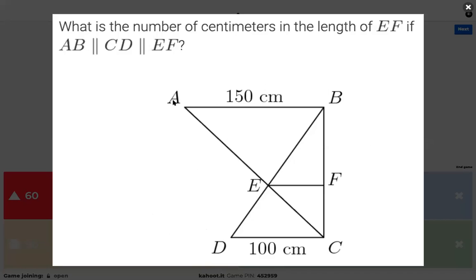Okay, so first off, we notice that these two triangles, ABE and CDE, are similar. And that means that their heights are in a ratio of 2 to 3.